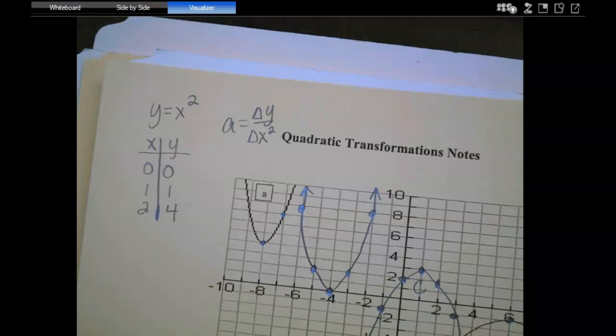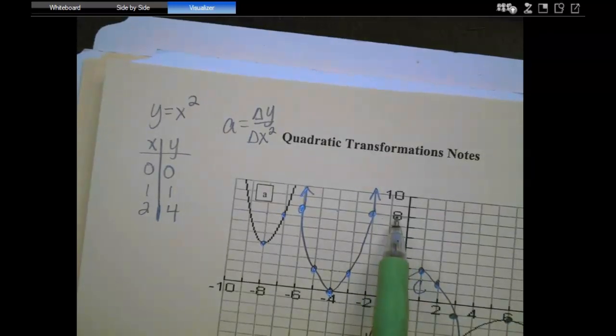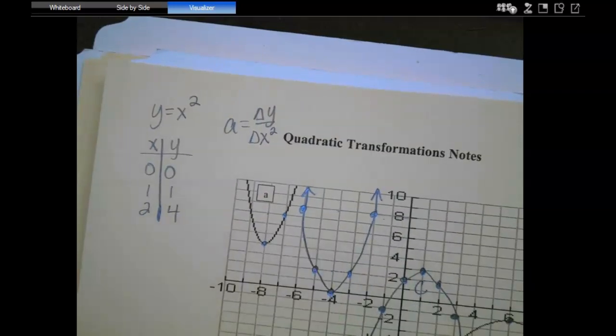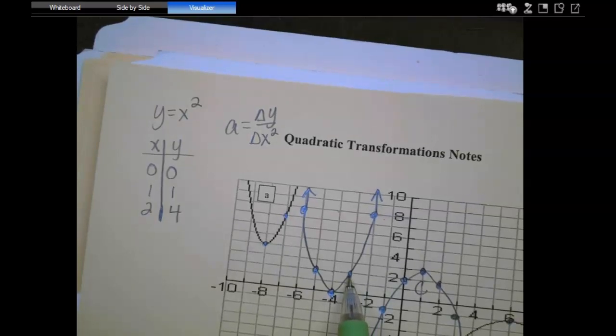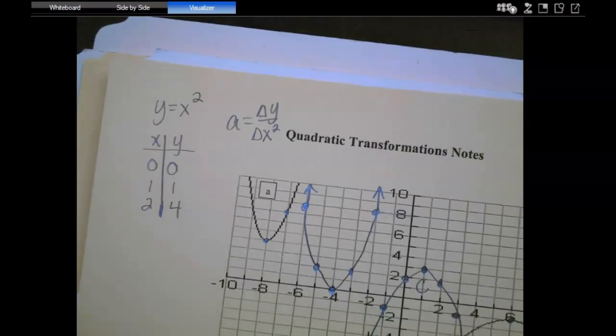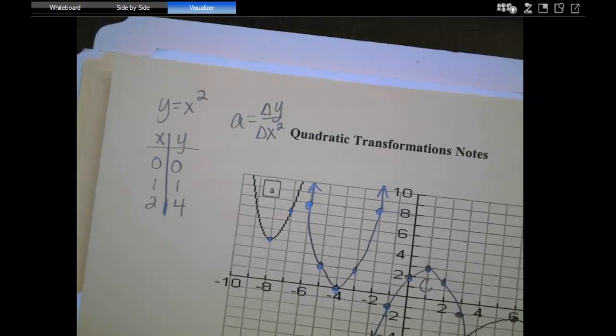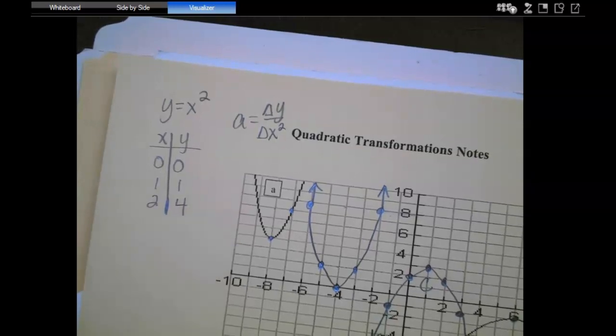This looks like 8 to me. Oh, you thought I was going...? No. That's just no. So I know 2 times 4 is 8, because you always multiply your stretch times the Y value.